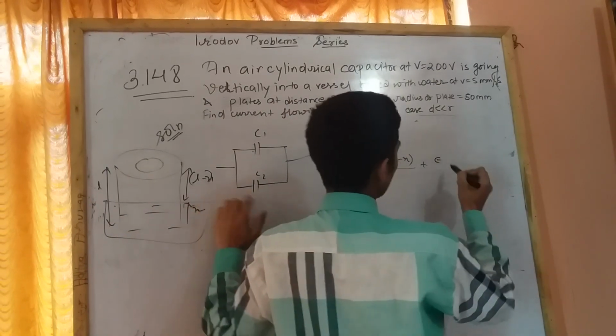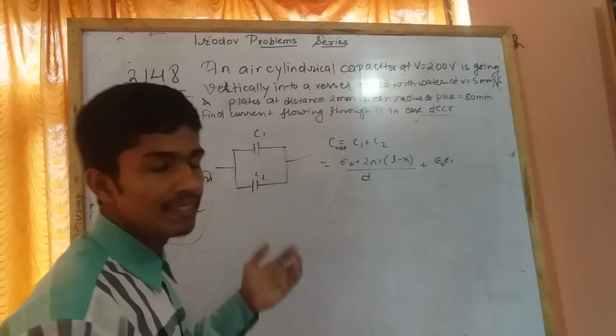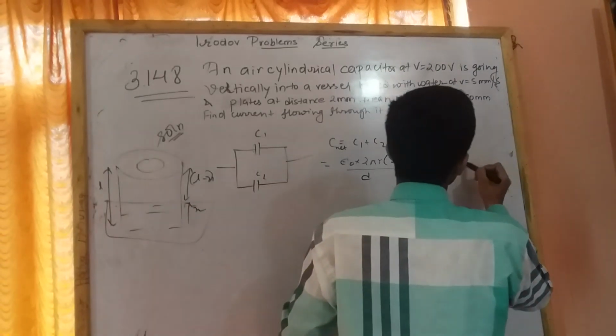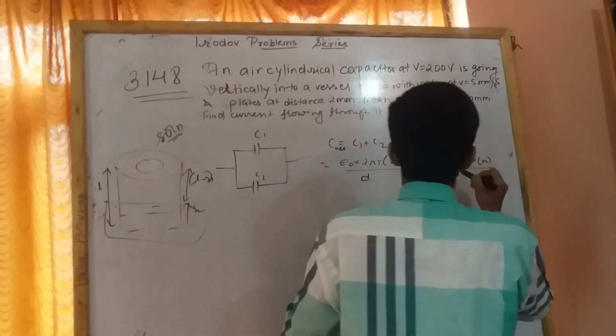Epsilon equals epsilon naught epsilon r, and in the case of water, epsilon r is 80. So it is epsilon into 2 pi r x divided by again D.